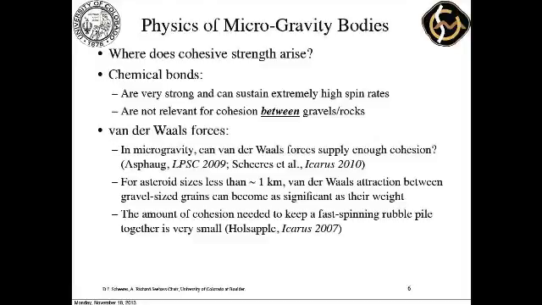And it turns out in microgravity, in particular on asteroids less than 1 kilometer, these molecular attractions between gravel-sized grains can become as significant as their weight. And it turns out the amount of cohesive strength needed to keep a fast-spinning rubble pile together is extremely small.